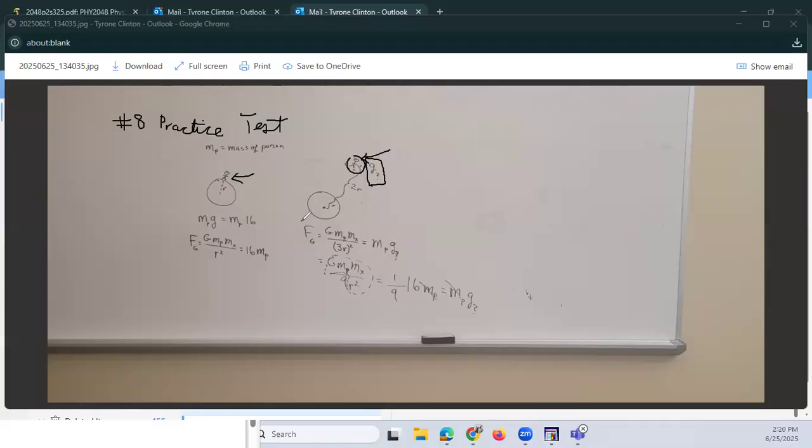So if we now look at the force of gravity of that person one diameter up above the ground, and compare that to this 16 mass of the planet, we can see that embedded in this formula, if we expand this out, this piece right in here, which is what we just found a second ago, is actually equal to this gravitational force that we found on planet X. Maybe I can call this FG1 and maybe this is FG2 so we don't get too thrown off.